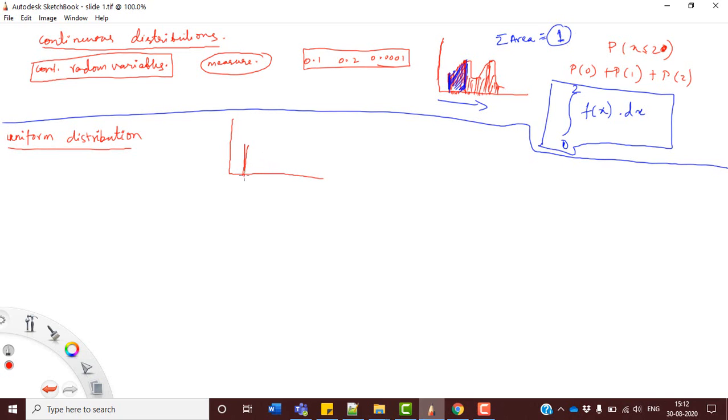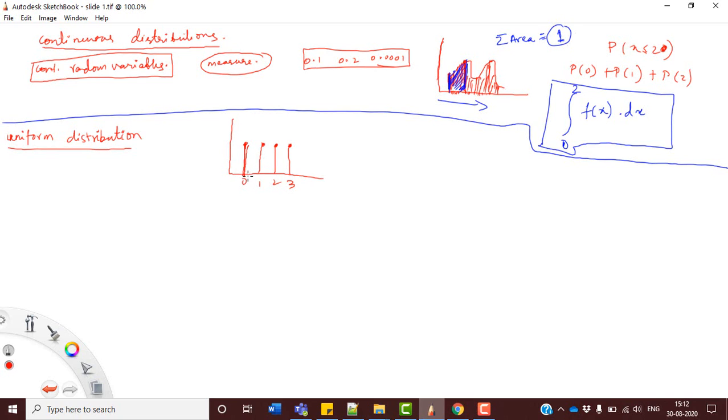Let's say Messi scoring a goal, the example that we took for discrete. The probability of him scoring 0 is equal to him scoring 1 goal, is equal to him scoring 2 goals, is equal to him scoring 3 goals. Now all of the probabilities have a similar value, right?